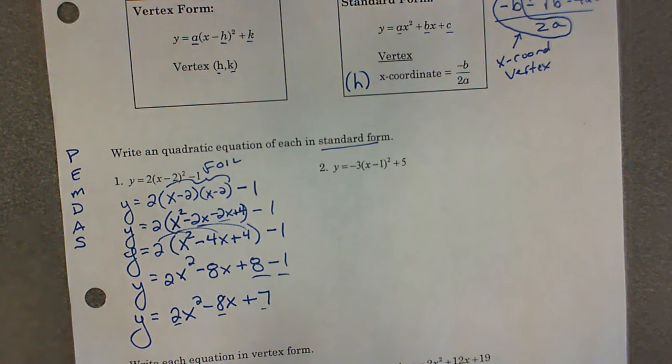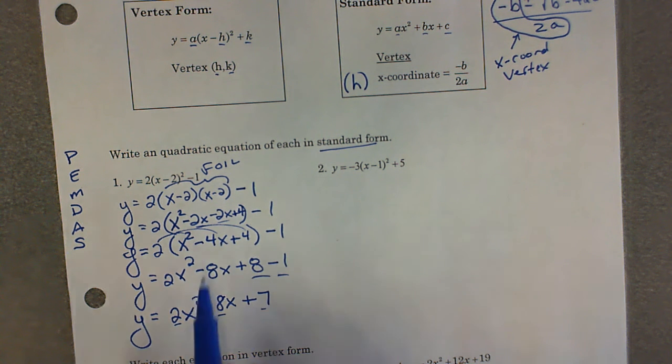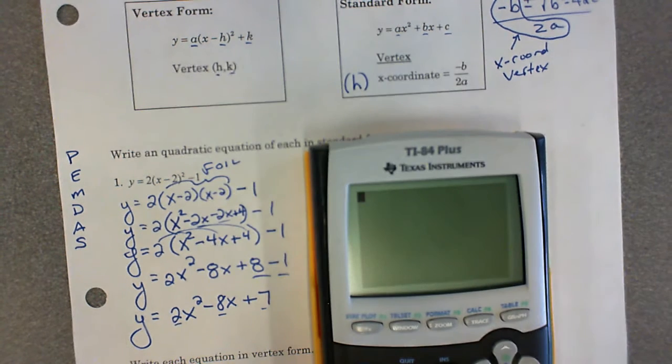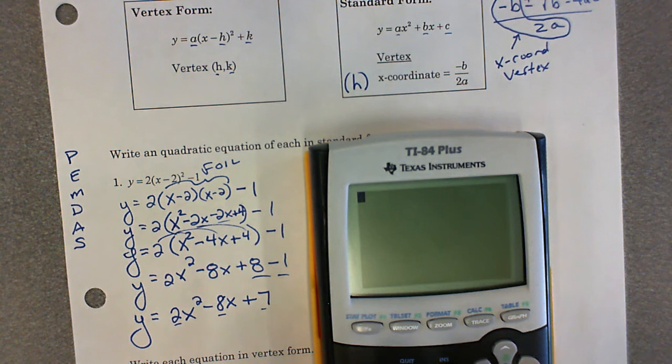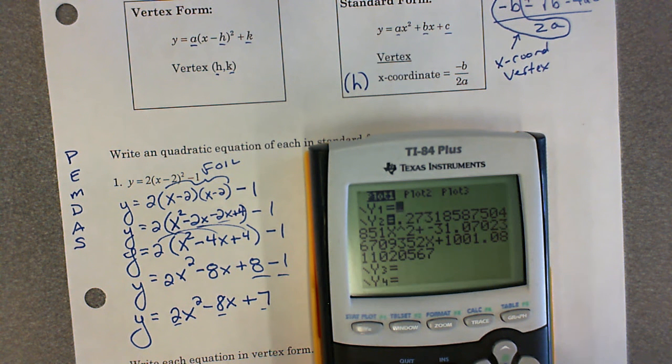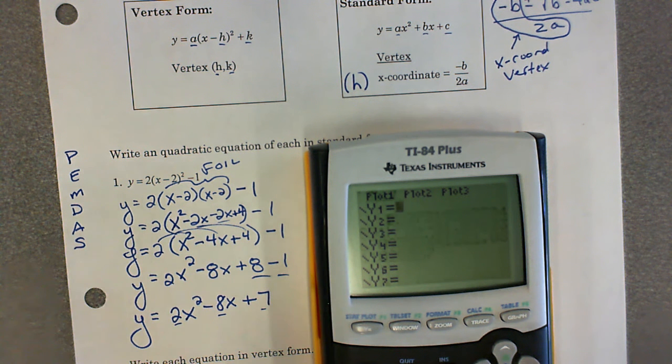If you wanted to know whether you multiplied all this out correctly, what you could do is take your calculator, go to y equals, clear out everything you have here. I'm going to get rid of my plot, okay? And I'm going to enter the first equation, 2 parentheses x minus 2 parentheses squared minus 1 into the calculator under y1.